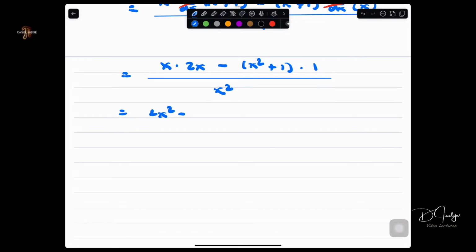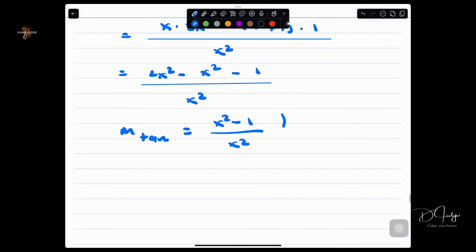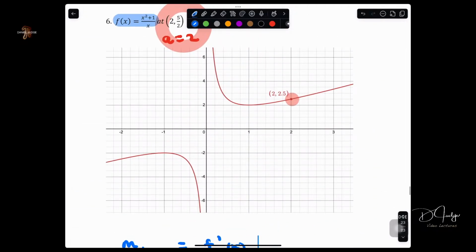All over x squared. Now, let's distribute this. 2x squared minus x squared minus 1 over x squared. So that derivative will be simply x squared minus 1 over x squared. So we have to evaluate this at x equals 2, which is really the a value, right?